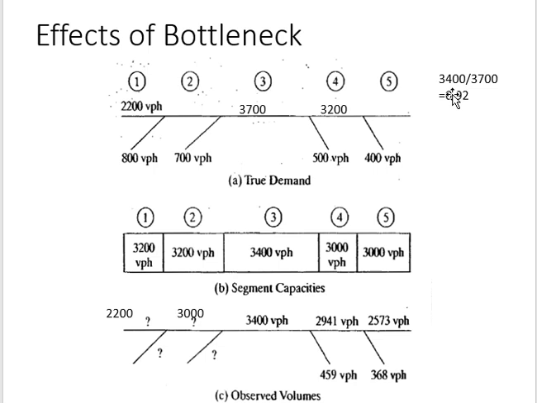What is a hidden bottleneck? It has demand more than capacity, but the previous segment is blocking this demand. So there is no breakdown there. In segment 4, demand was more than capacity, but segment 3 is blocking the demand. So that's why it is hidden.